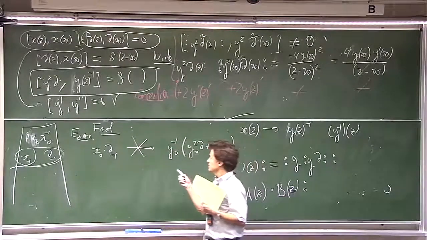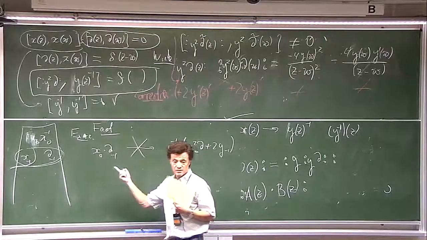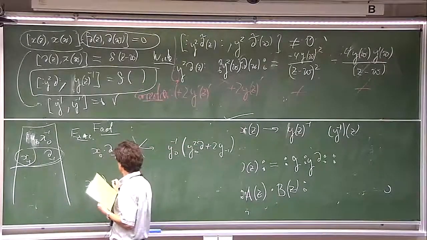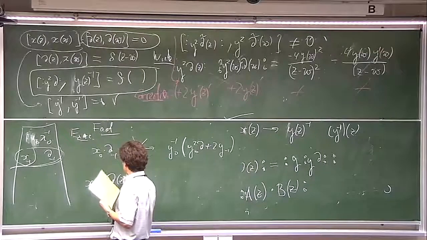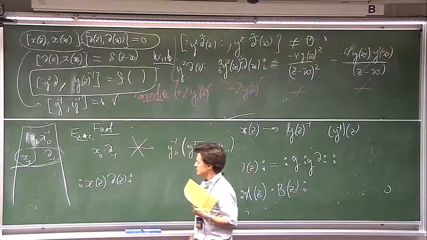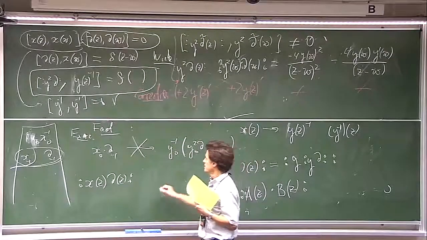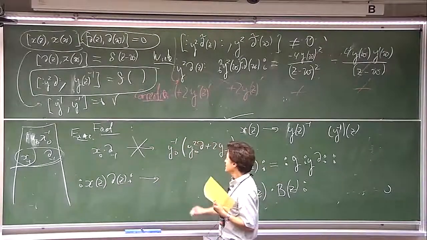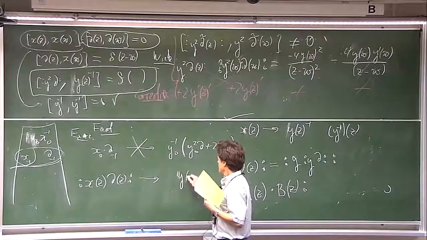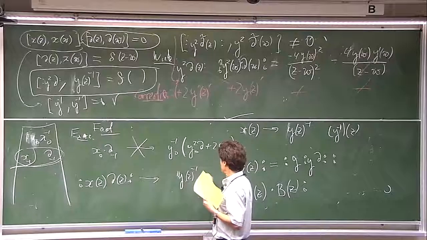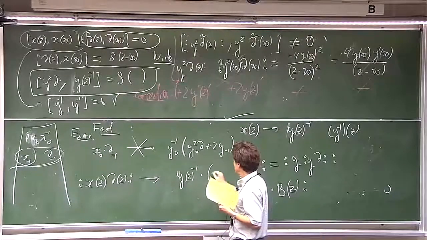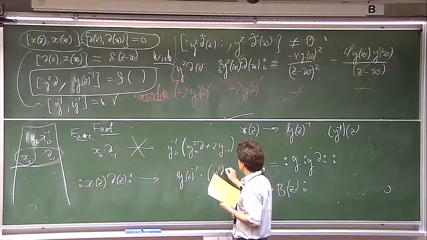What's correct is this: what's built in the construction is that the normal ordering product, which is part of the structure of the algebra, is preserved. So this will go to y0 inverse times the image of y squared d plus 2y prime.